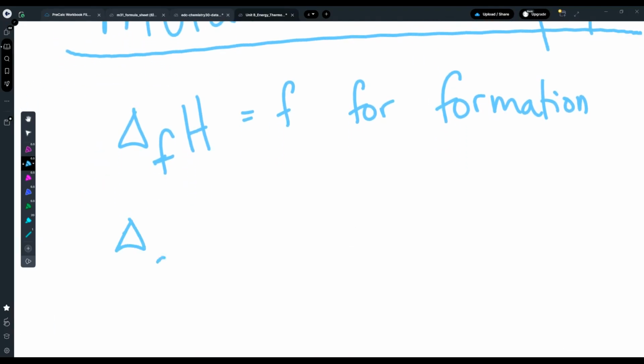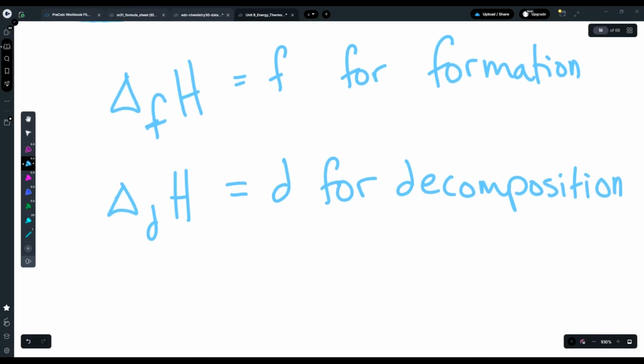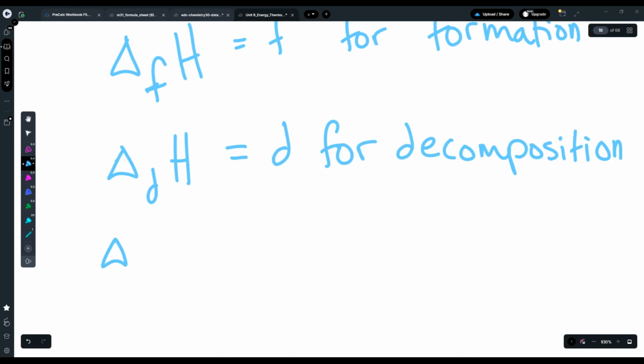If you have delta with a subscript D, H, that is the molar enthalpy of decomposition. And then delta subscript C, H. The C is for combustion.